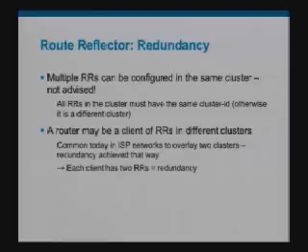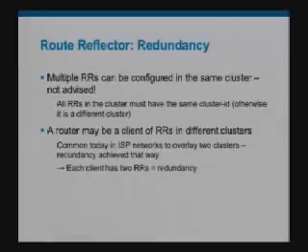So generally my advice, and the advice of a lot of people, is don't configure route reflectors to be in the same cluster. Make sure they're in different clusters. You can have clients be members of more than one cluster. That works just fine. Because all route reflectors in the cluster must have the same cluster ID, you run into this cluster loop detection problem, and that catches a lot of ISPs out.